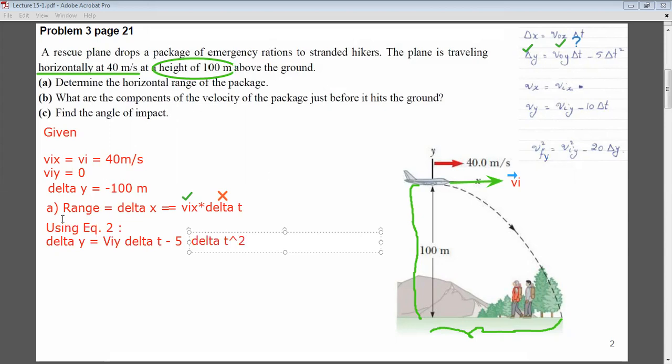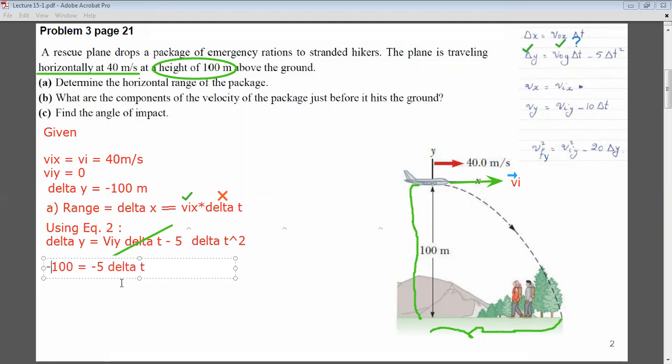Okay, let's solve this. Delta y is minus 100. V initial y is 0. So we remove this term, we don't have it anymore. So minus 100 is equal to minus 5 delta t squared.